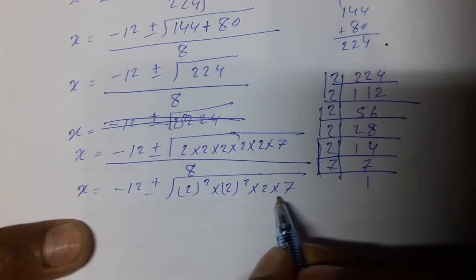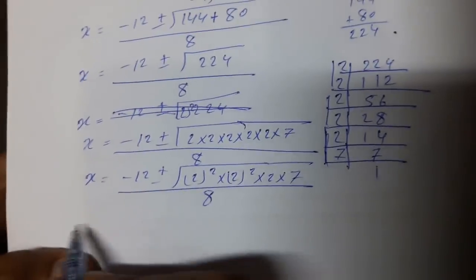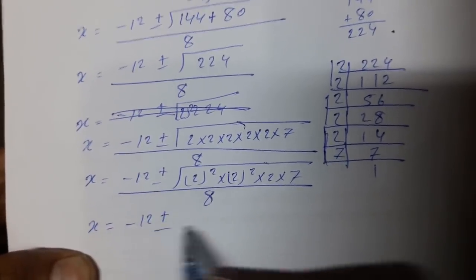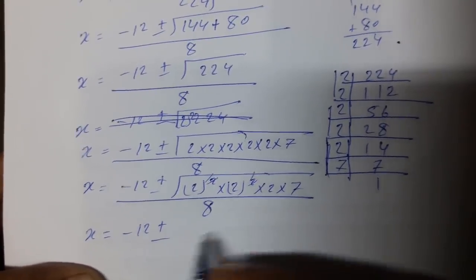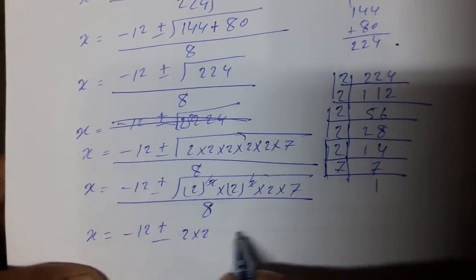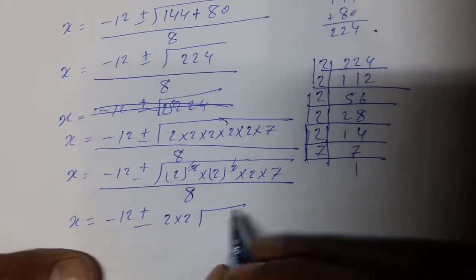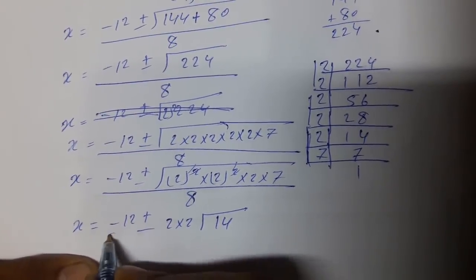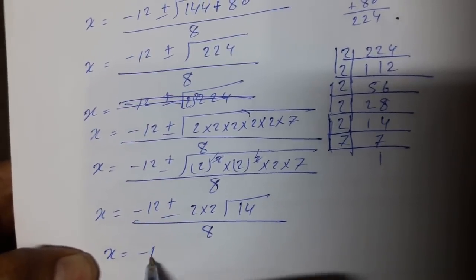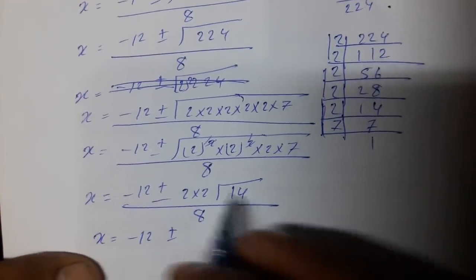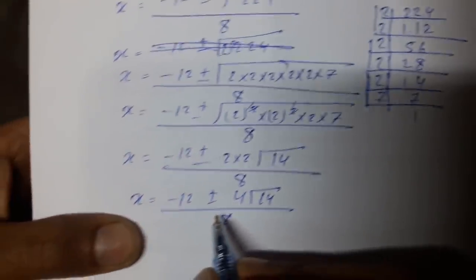We keep these separate because they don't have pairs. We will cancel squares by square root, so 2 into 2 will come out and 2 into 7 will be inside, multiplied to 14. So x equals minus 12 plus minus 4 square root 14 divided by 8.